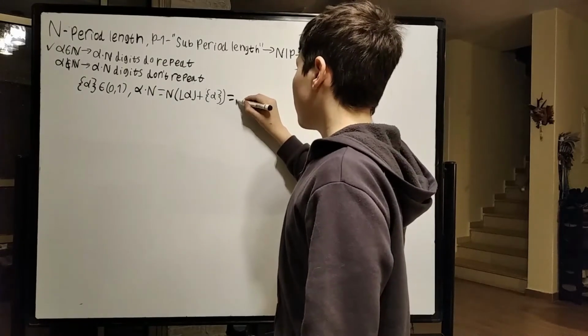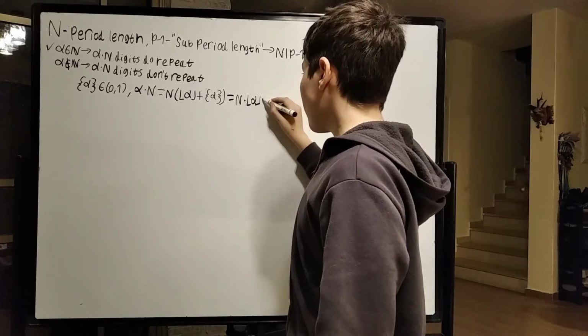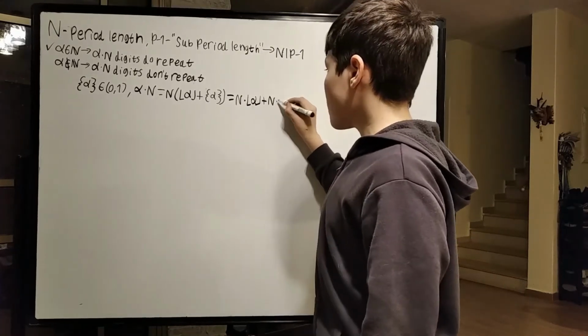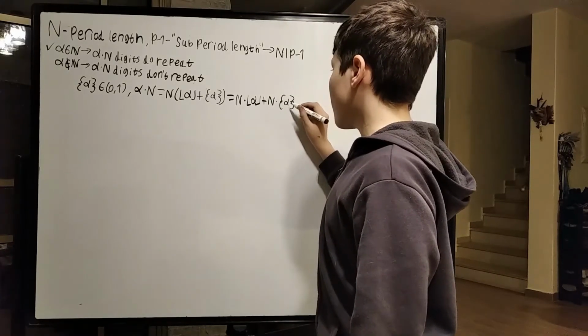So we have this is n times the floor of alpha plus n times the fractional part of alpha.